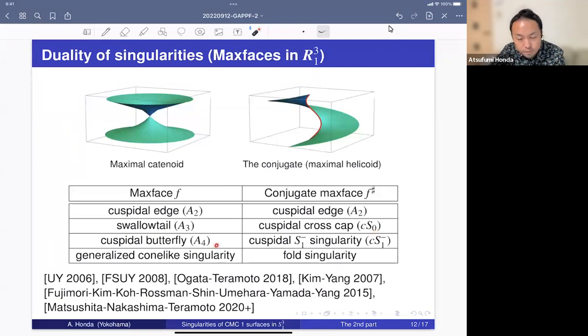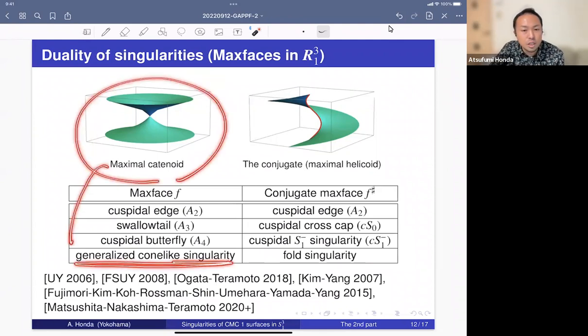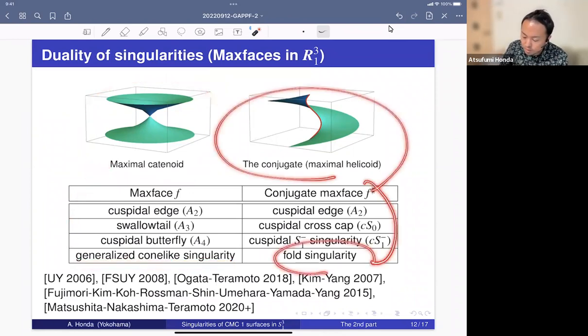And also, if F admits A4, that is a butterfly, then F sharp has S1 singularities. And finally, if F admits generalized conelike singularities, then F sharp must have fold singularities. So this figure is the final one: F admits generalized conelike singularities, then F sharp admits fold singularities.